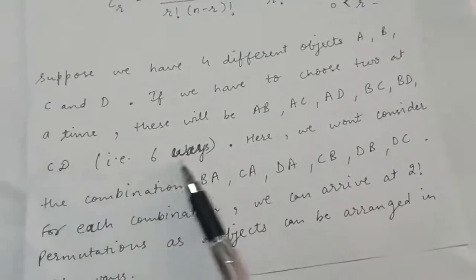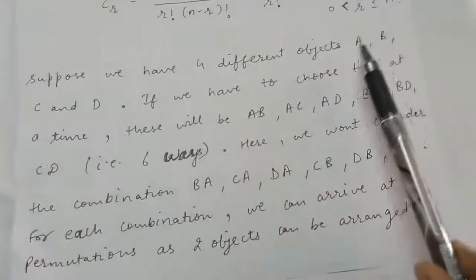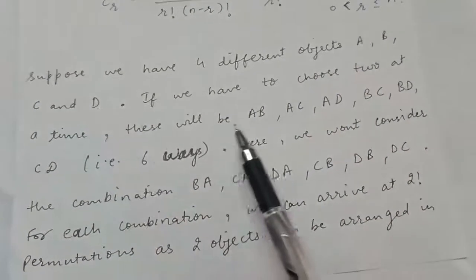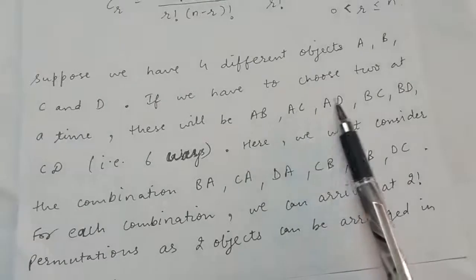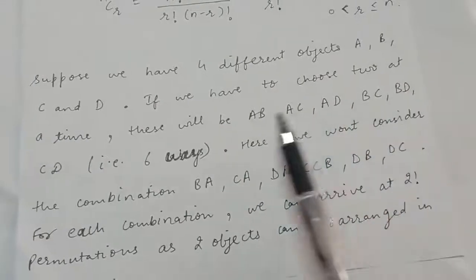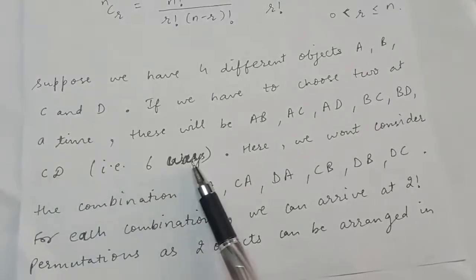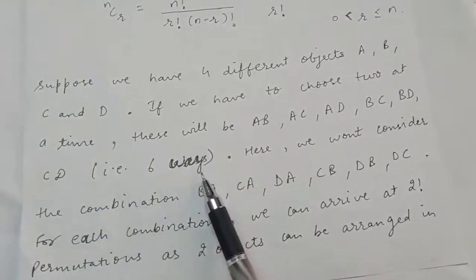In total these are 6 ways. So in total we have 6 ways to choose 2 objects out of these given 4 objects.